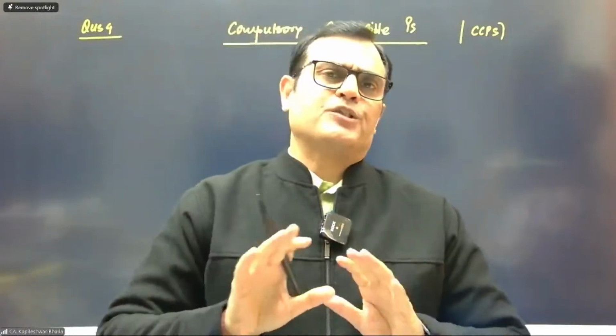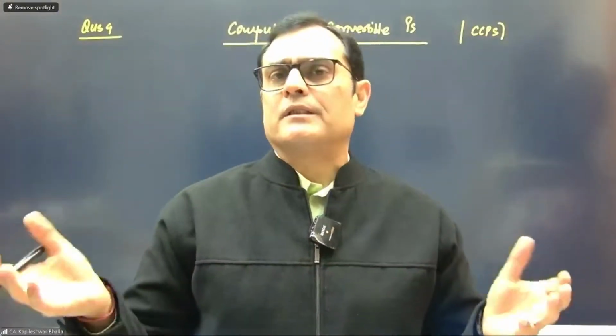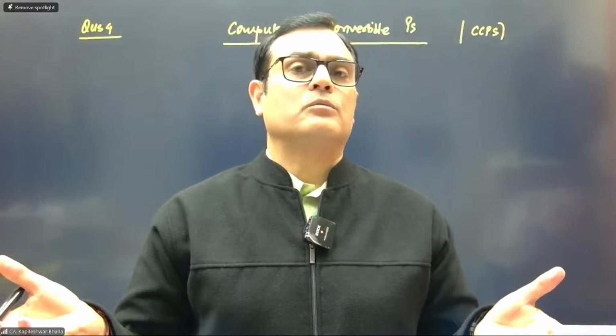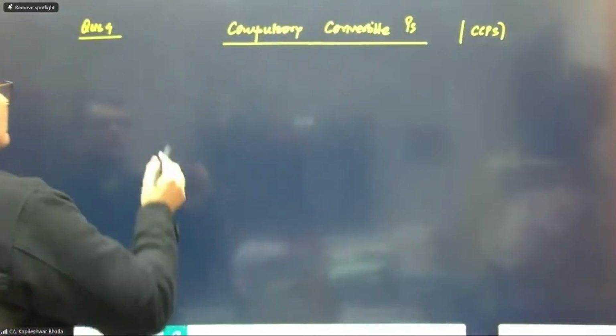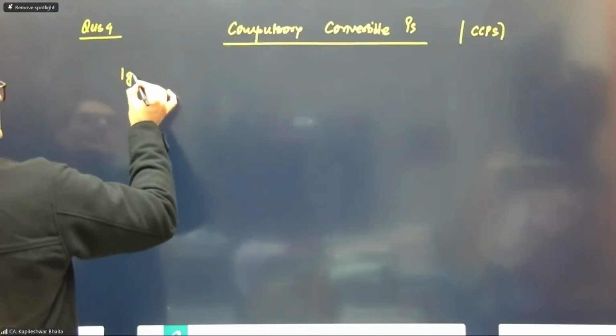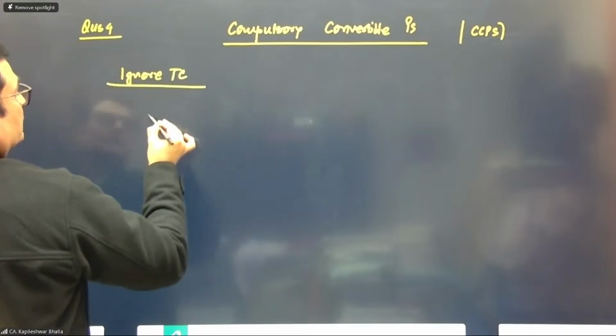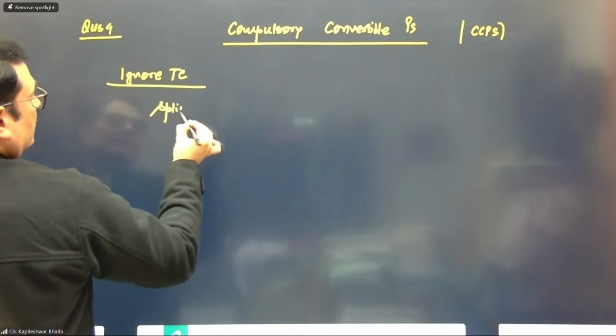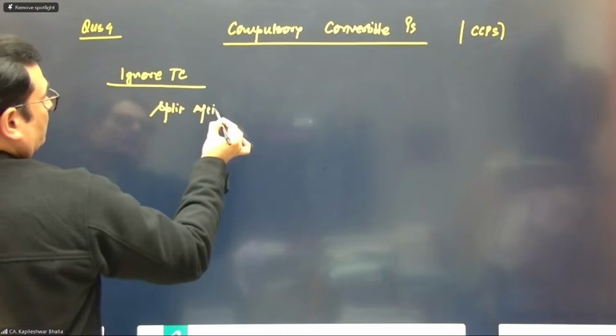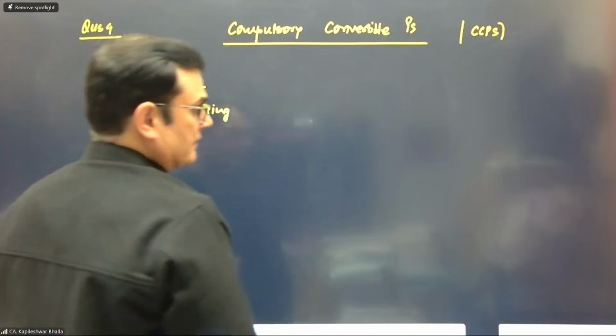Now, the first thing is ignore the transaction cost and do the normal split accounting which you do. So we will ignore the TC for the time being, and ignoring the transaction cost, we'll do the split accounting. We will incorporate this TC at a later stage.